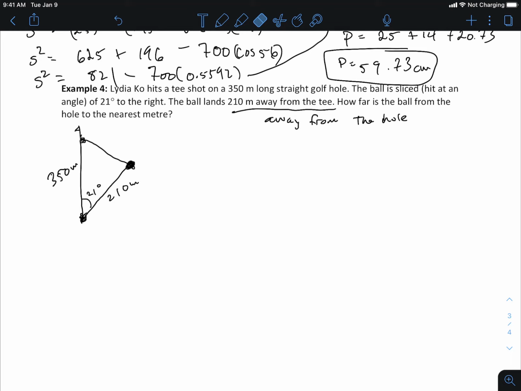But if they're offline, it's no longer a straightforward shot. Somebody has to do this calculation because they're not on the fairway anymore. So the caddies are probably doing some form of trig because they get paid very well, right? And they give the player how far they need to hit the ball so they can make the right club selection.